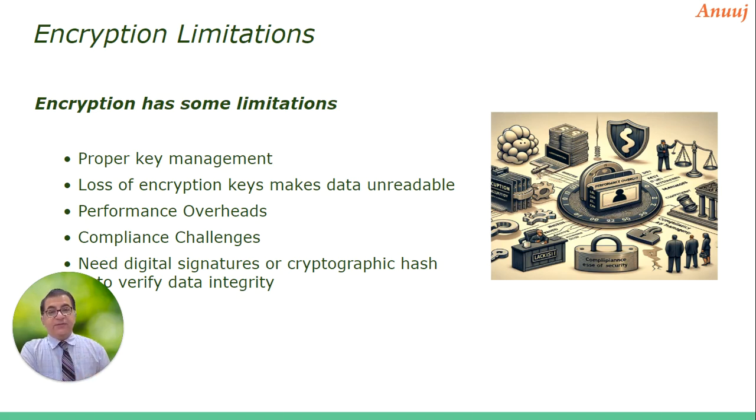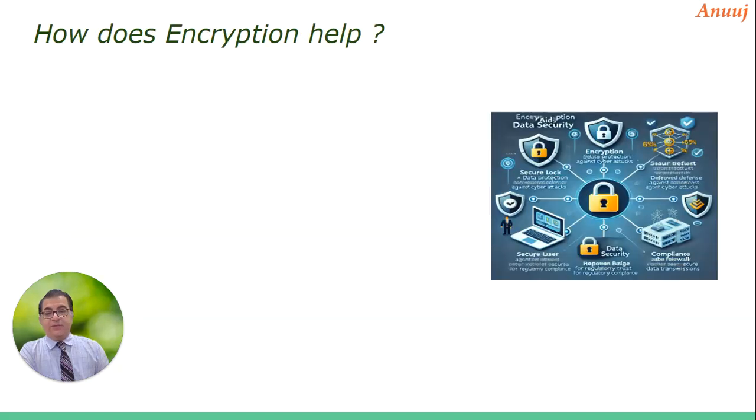So encryption is the best tool that gives you protection in terms of data security. It takes care of the CIA triad of confidentiality, integrity, and availability. Availability, of course, is to make sure that the data is available, which needs backups as well, but then the security is well taken care of because your backups would also be encrypted.